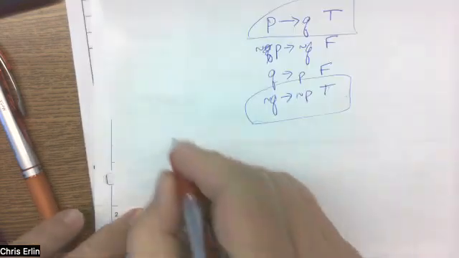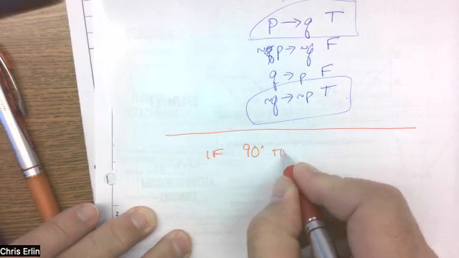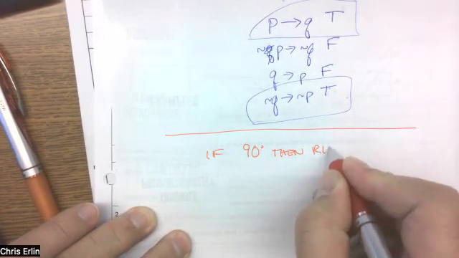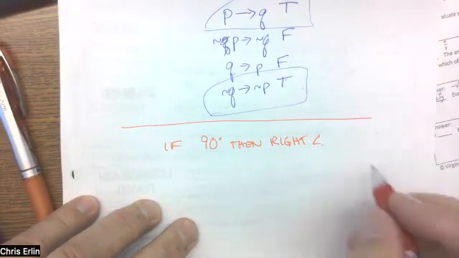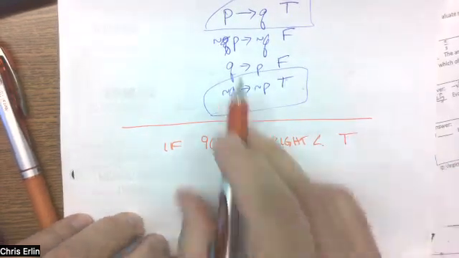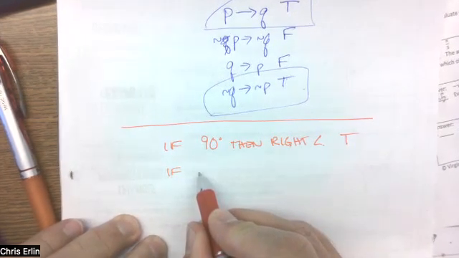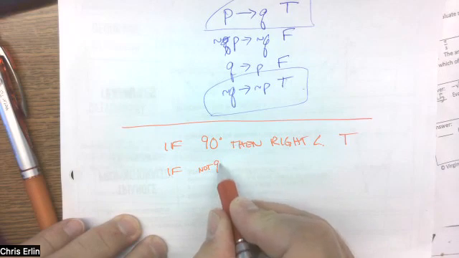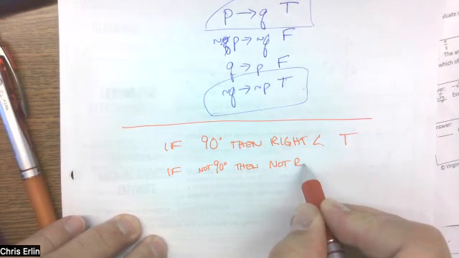Just as we did before, let me give you some new data. If 90 degrees, then right angle. True or false? True. Now let's do the next one, the inverse. If not 90 degrees, then not right angle.